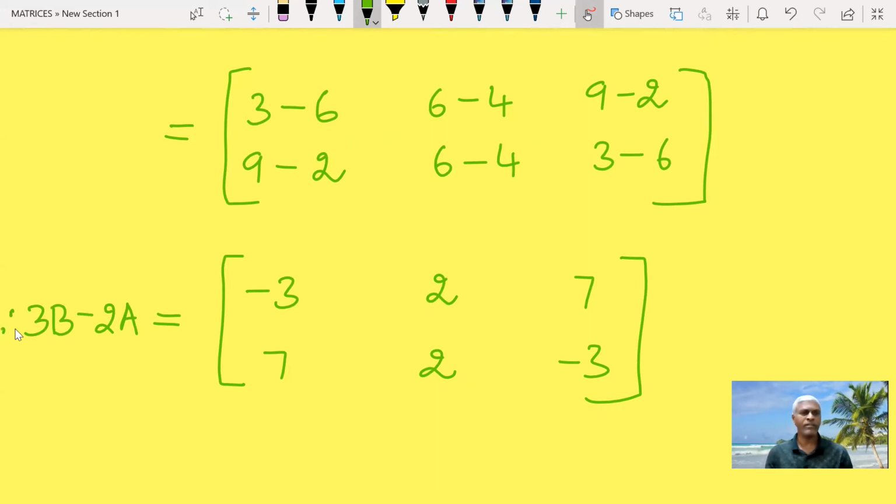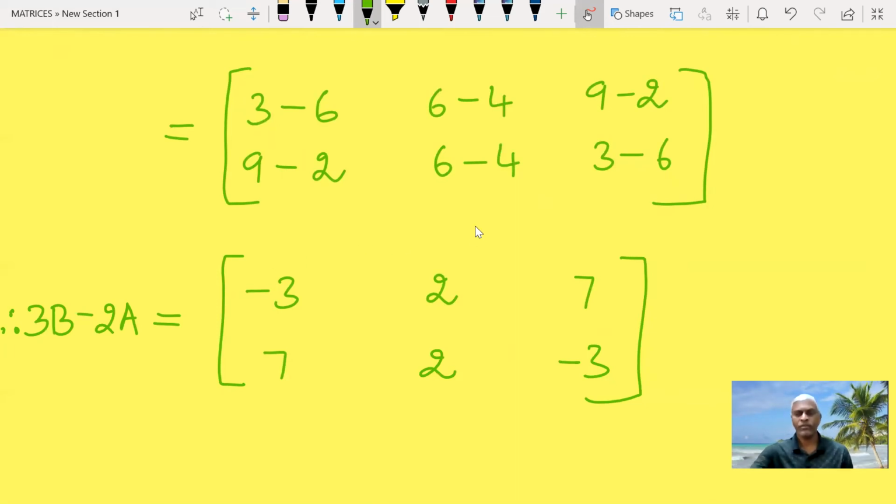So in this we learn how to multiply a matrix with a number, and also how to subtract two matrices.